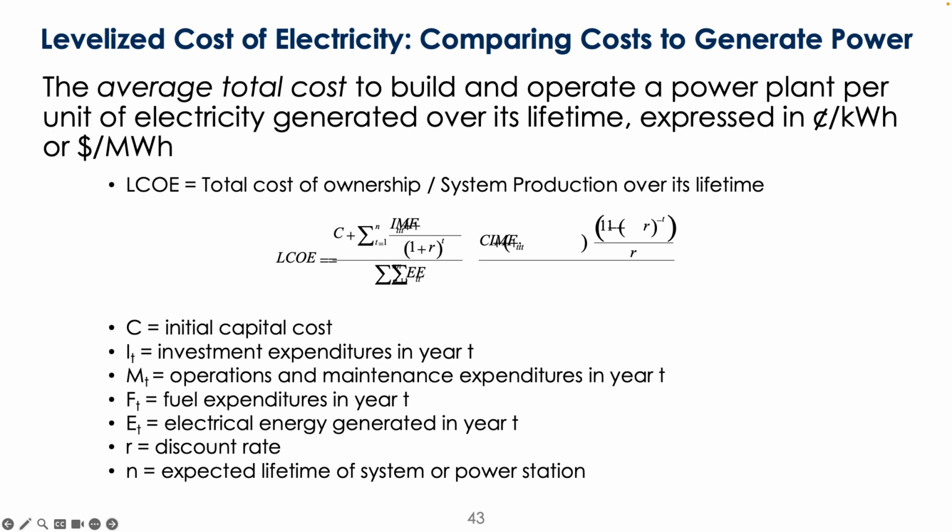And so that will give us a cost to generate an amount of electricity over the entire lifetime of that particular facility. I will clean this equation up and post it, so sorry about this mess here.